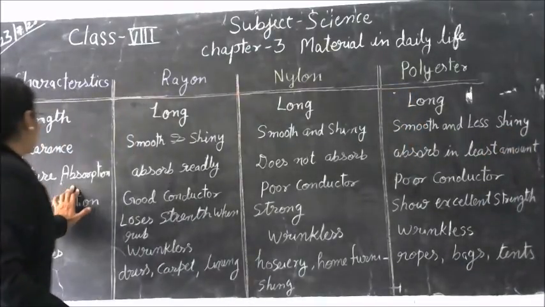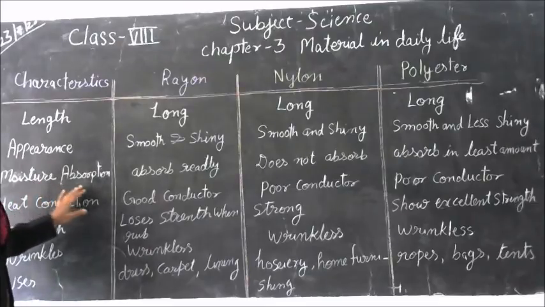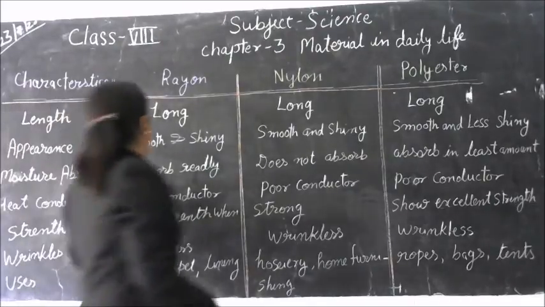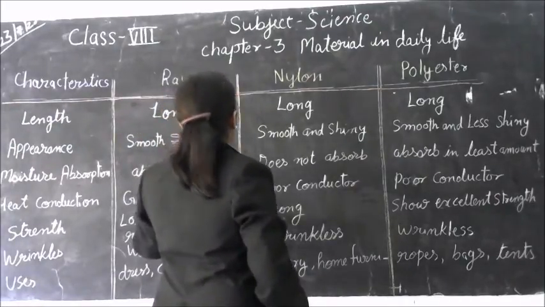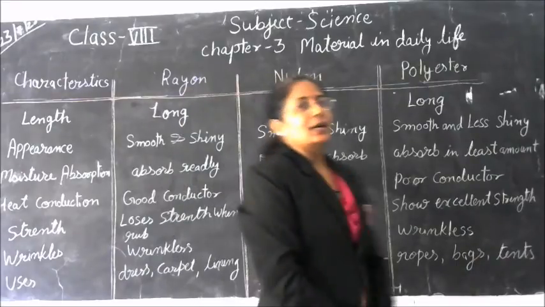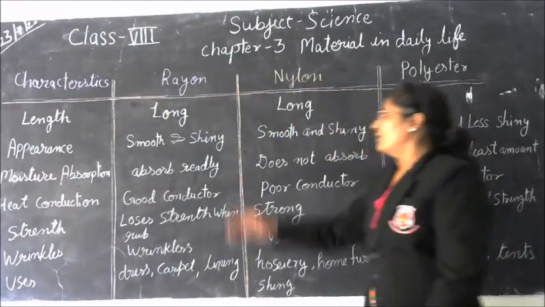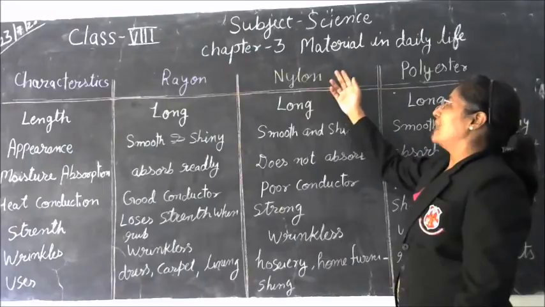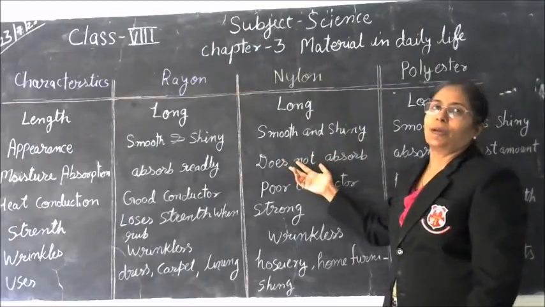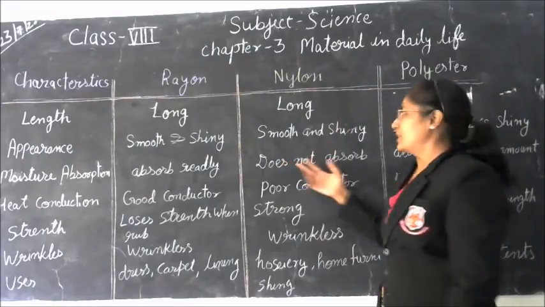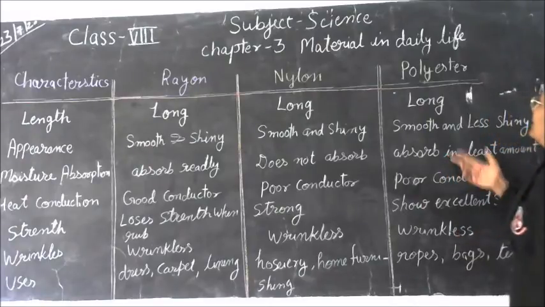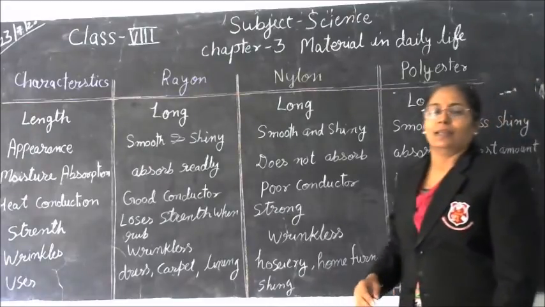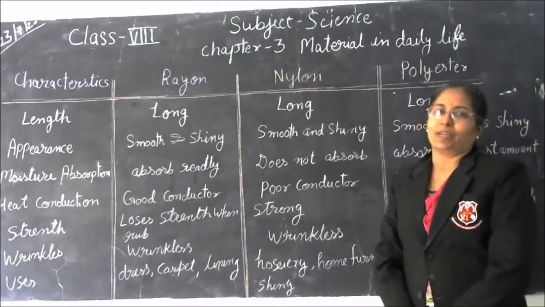Next characteristic is moisture absorption. Yes, rayons absorb moisture readily, whereas nylon does not absorb as much moisture, and polyester are not able to absorb moisture.